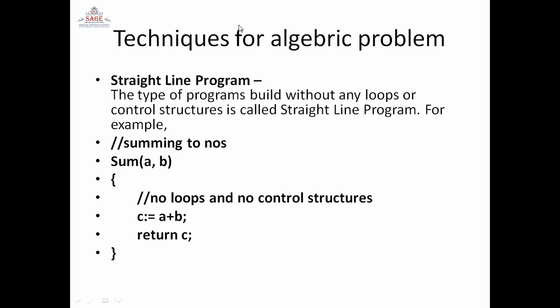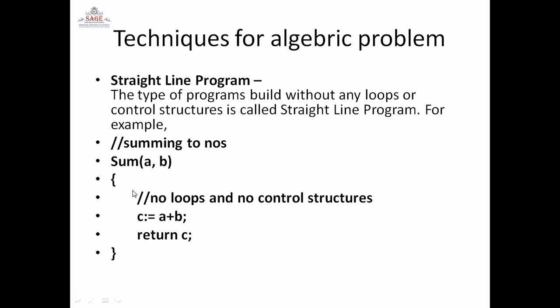Now see the second point, that is the technique for algebraic problems. The technique for solving this algebraic problem is the straight line program. What it says is, the type of programs built without any loops or control structure is called straight line programs.